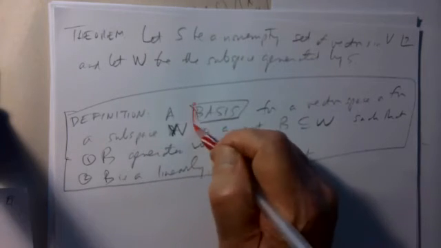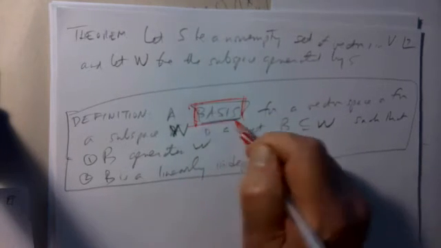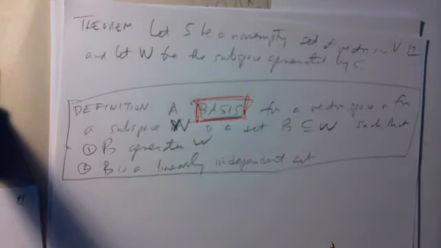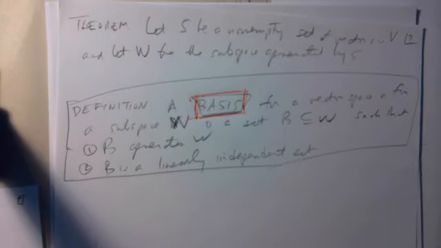So this is a basis. We know that if you take any set S, all of its linear combinations form a subspace. And a basis for a subspace is a set of vectors that generates the subspace and is also linearly independent.